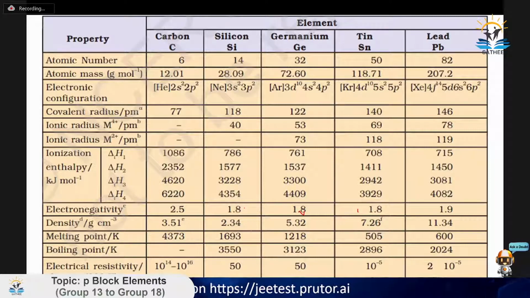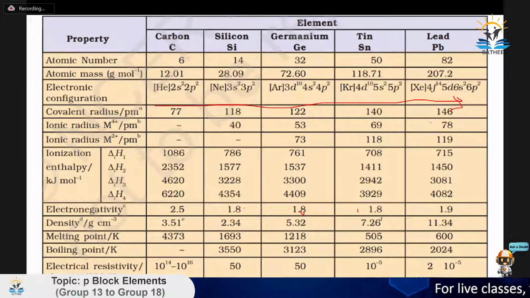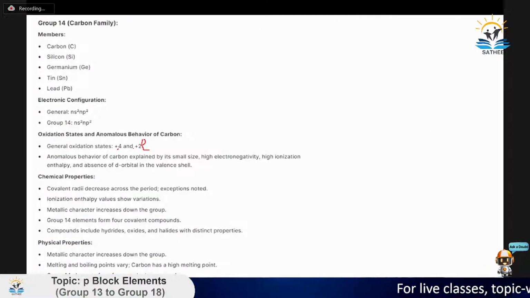Again, ionization enthalpy decreases as we go down the group. Same with the radius, which increases as we go down the group, right? And there is no anomalous behavior over here. Everything is going in a general fashion, so that is a very straightforward thing. There is not much of an anomaly, right?